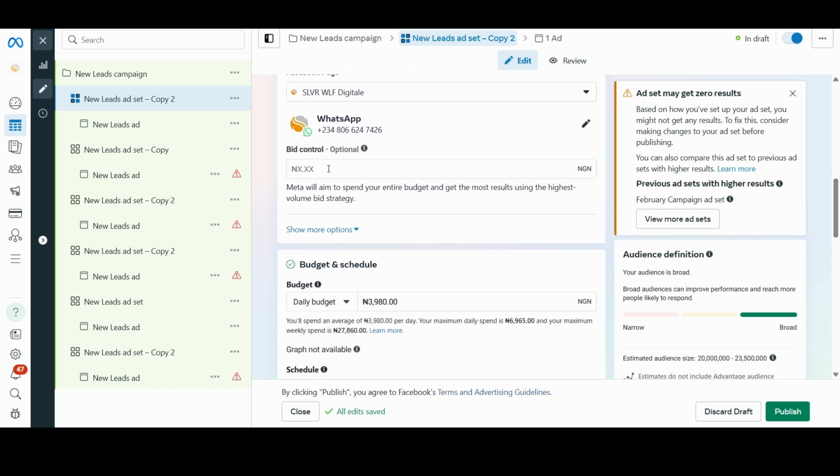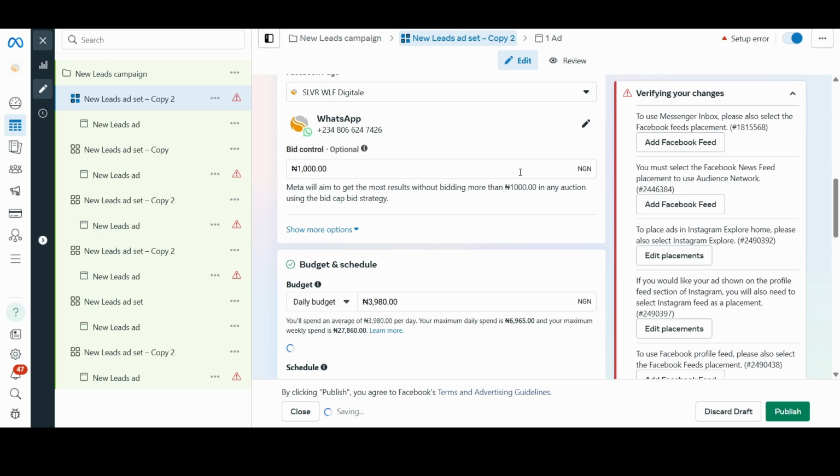So remember, when we talked earlier at the campaign level, we talked about a bid. You're using a bid cap. So this is where you now insert your bid cap. So let's say we want our bid to be 1,000 naira. So that's our bid cap.